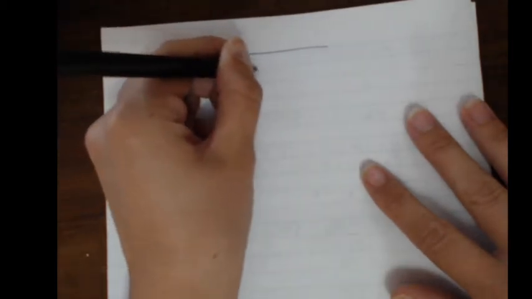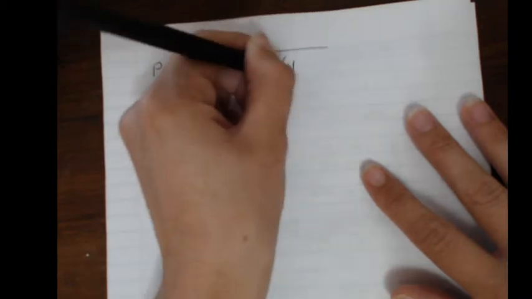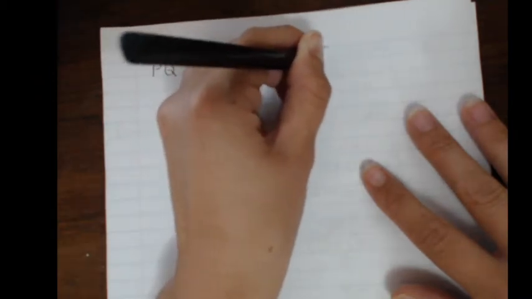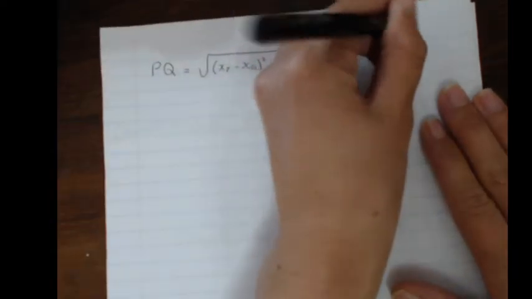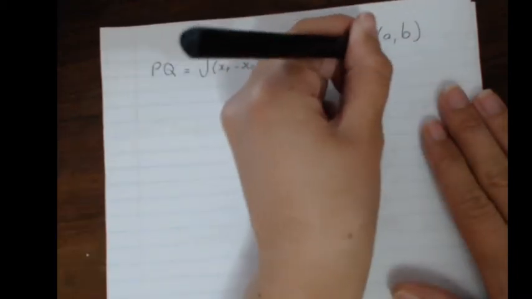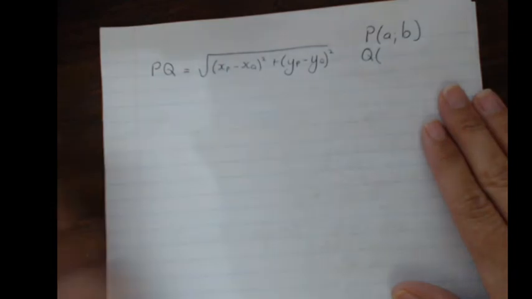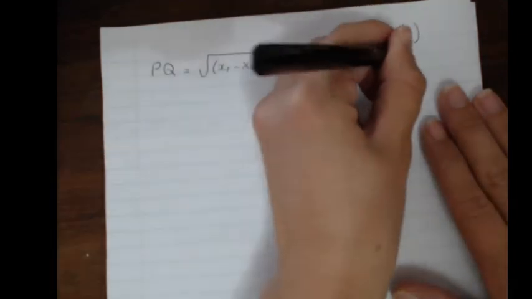The length of PQ is the root of (xp minus xq) squared plus (yp minus yq) squared, and I have the coordinates of P, which is (a, b), that I want to calculate, and the coordinates of Q, which is -2, -3.